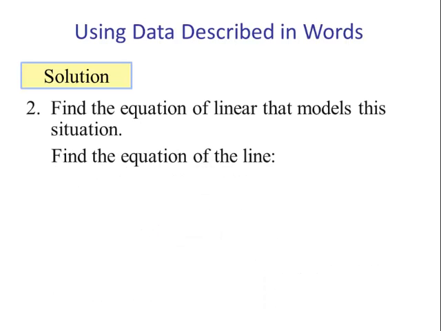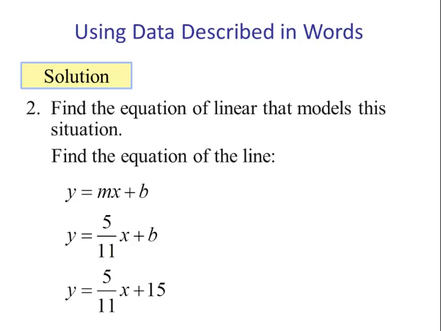To find the equation of the line, we're going to use our y equals mx plus b form. We know the slope is 5/11. And to find b, we can use the fact that when the depth is 0, the pressure was 15 psi. That means that b is 15.